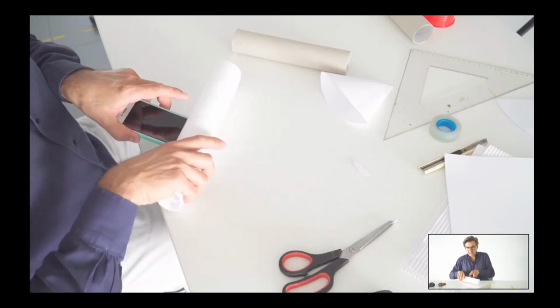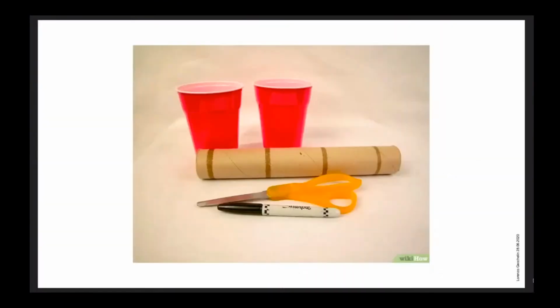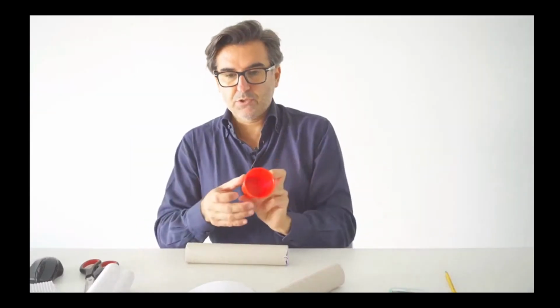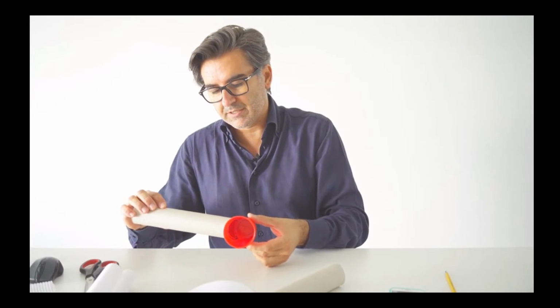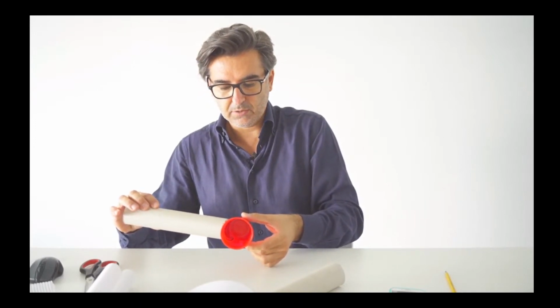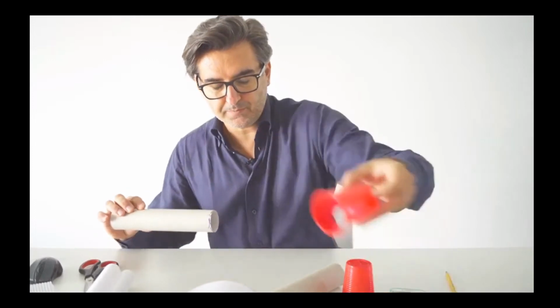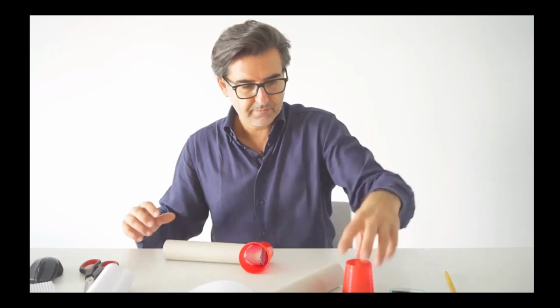The one I like most is the one I show you here, which is made out of this tube. Then you need to see or trace where the tube creates the connection, and create the space to connect one with the other, like so.